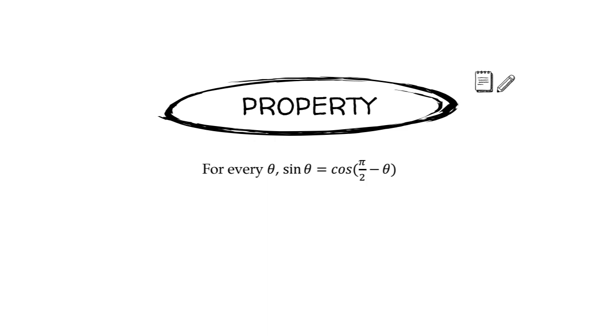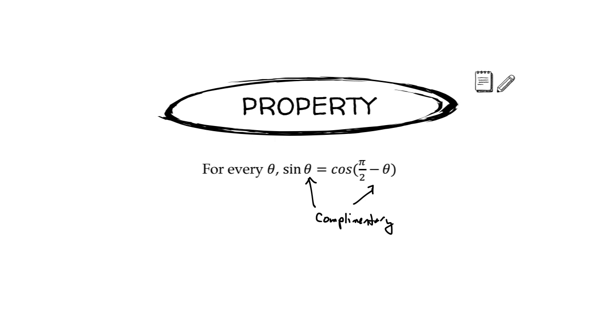For every single angle theta, sine of theta is equal to cosine of 90 degrees minus theta. So I'll note here that theta and pi over 2 minus theta, these are complementary angles. Complementary angles sum to 90 degrees, right?